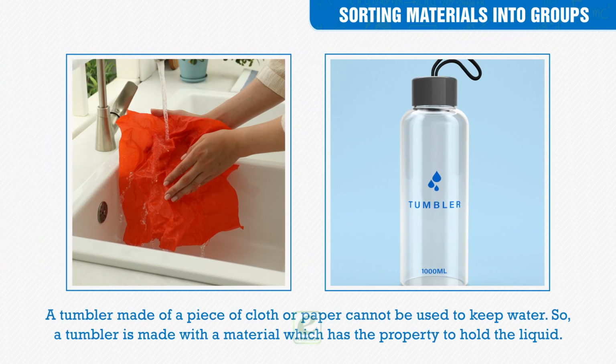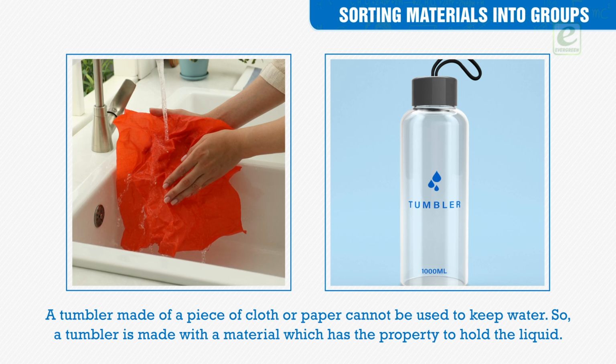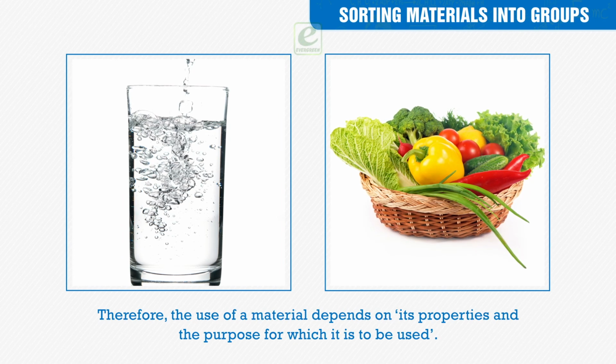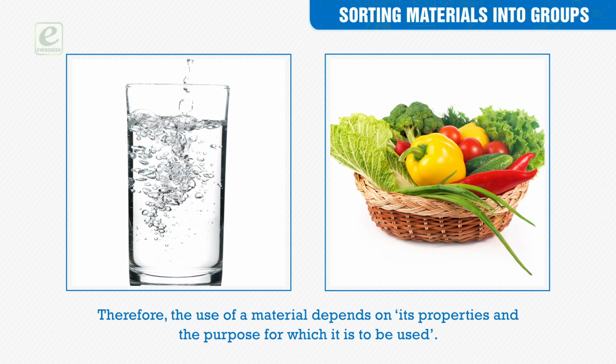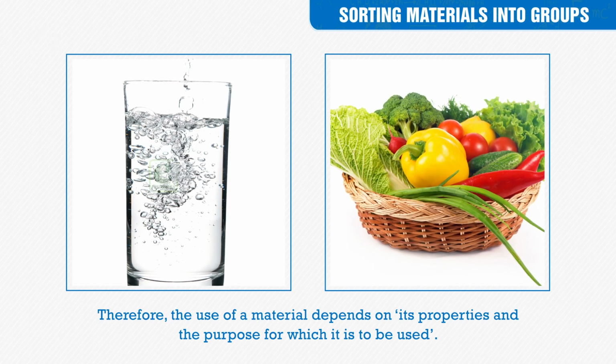A tumbler made of a piece of cloth or paper cannot be used to keep water. So, a tumbler is made with a material which has the property to hold the liquid. Therefore, the use of a material depends on its properties and the purpose for which it is to be used.